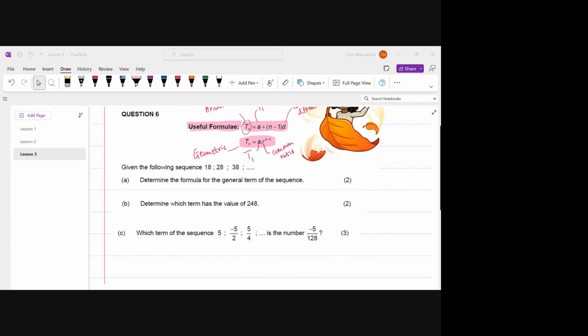First figure out whether it has a common difference or whether it has a common ratio. Yes, Gift, you can use that.